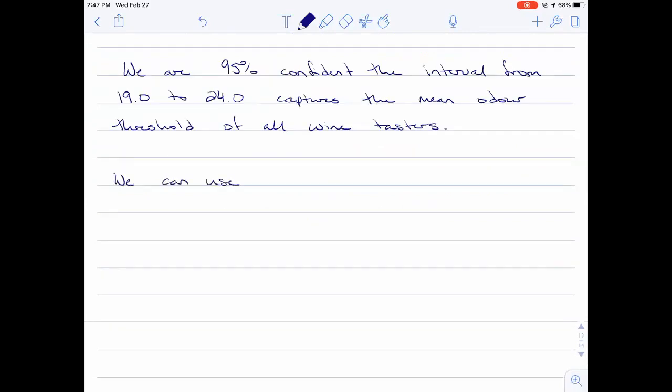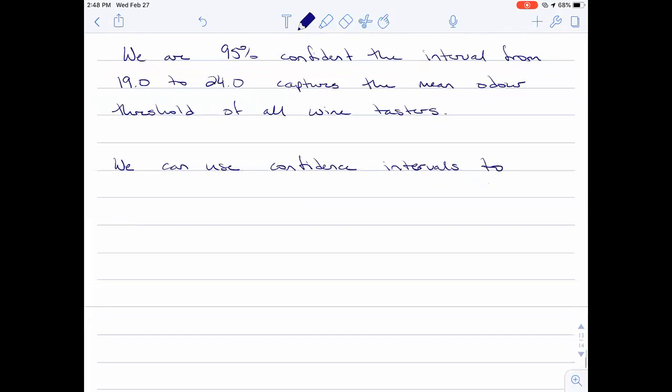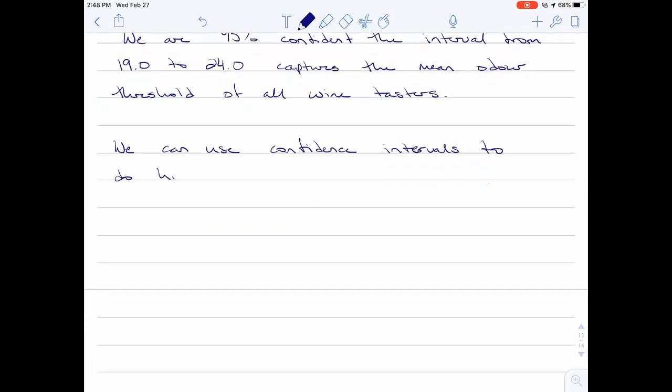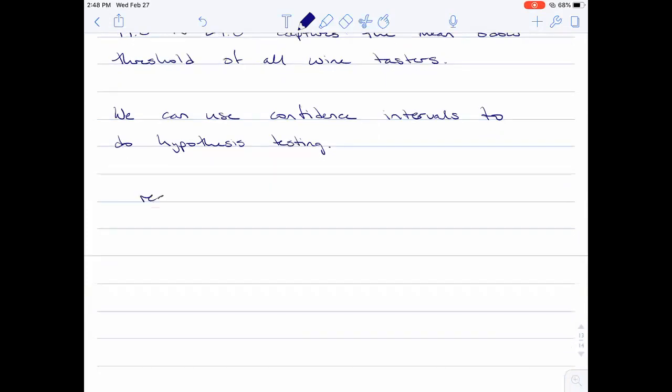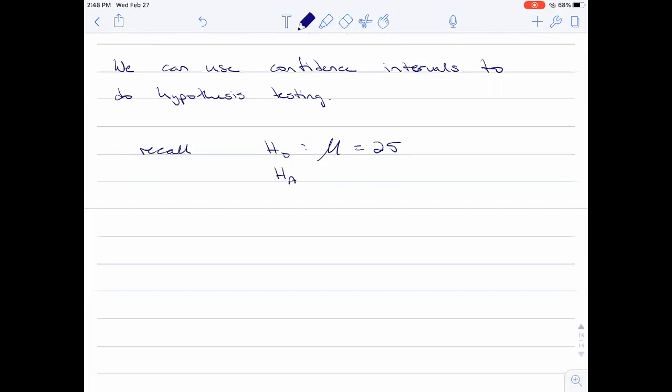We can use confidence intervals to do hypothesis testing. Recall, H naught was that mu is 25, and HA was that mu is less than 25. It gets a little sticky because we have a one-sided test and a confidence interval, but it doesn't matter.